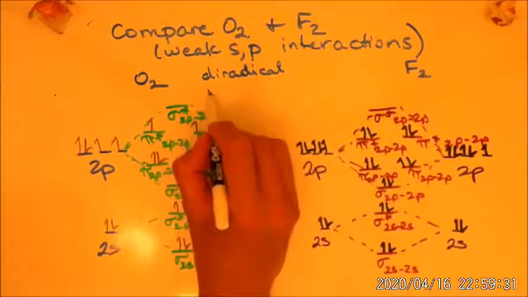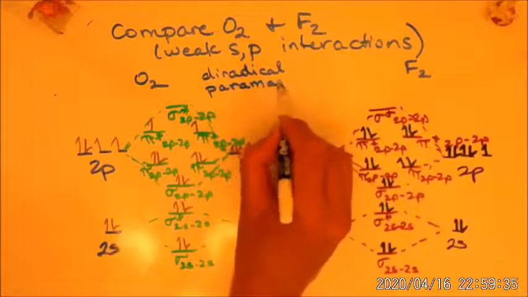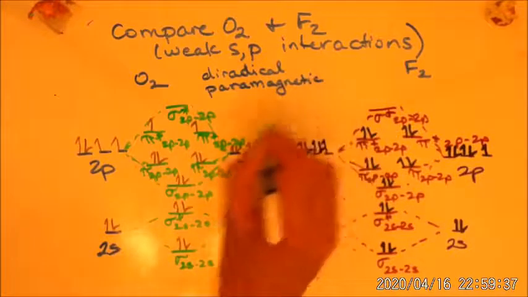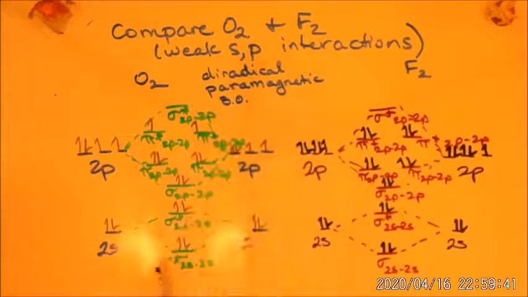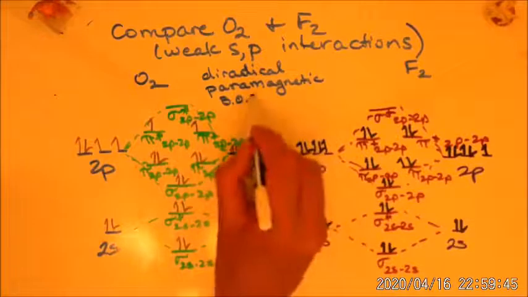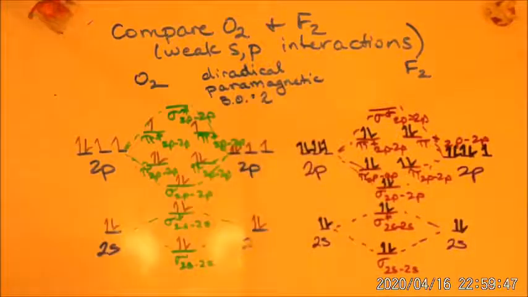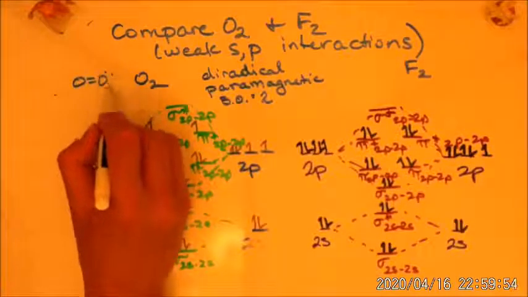We know that it's paramagnetic because I have unpaired electrons. And the bond order we calculated earlier, 1/2 of 6 minus 2, so 1/2 of 4 is equal to 2. That makes sense because when we draw oxygen again, we have the double bond.